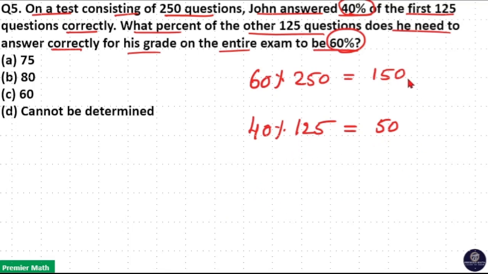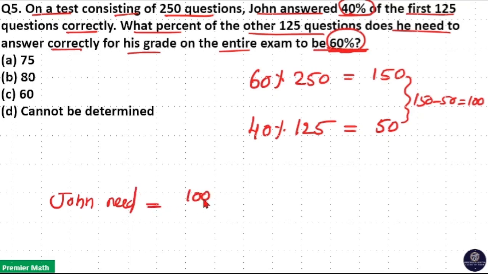Then the remaining questions he needs to get correct is 150 minus 50, which is equal to 100. So 100 more questions out of the remaining 125 questions he needs to get correct to get 60% on the entire test. That means John needs 100 out of the remaining 125 questions.